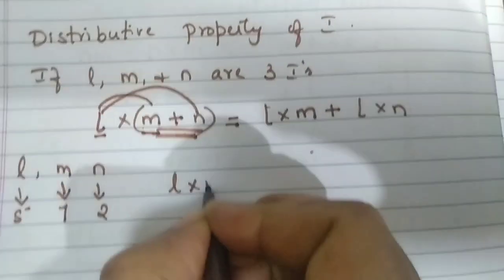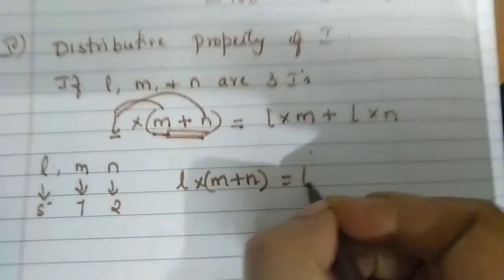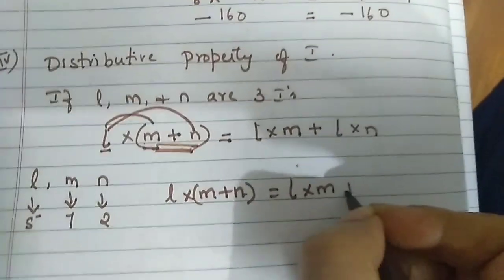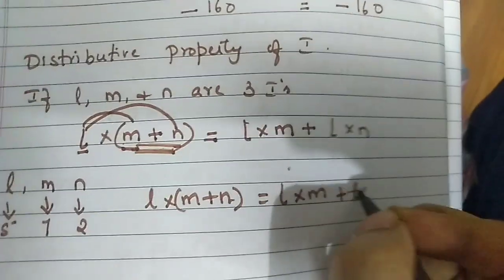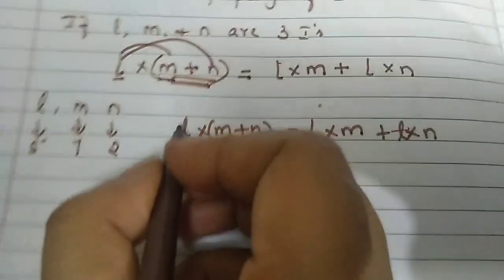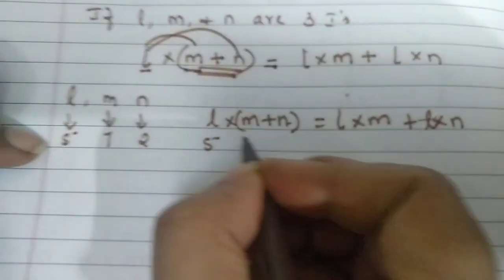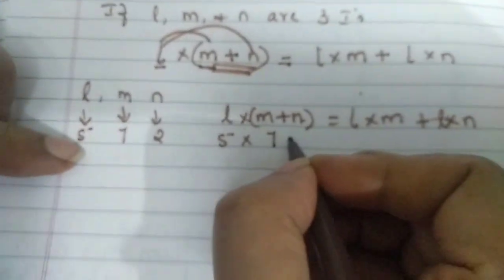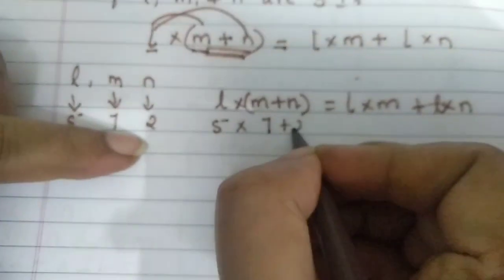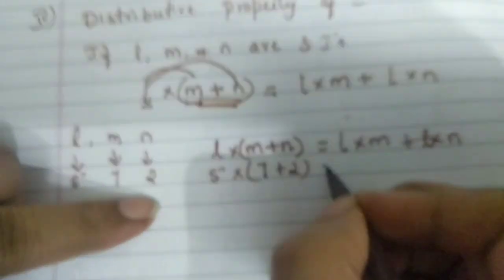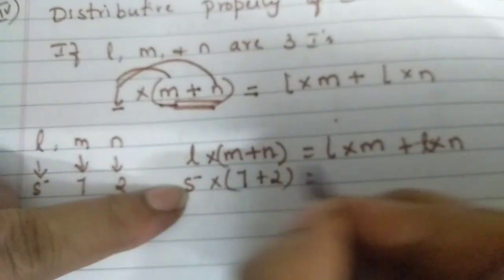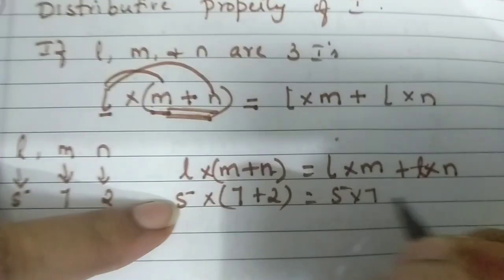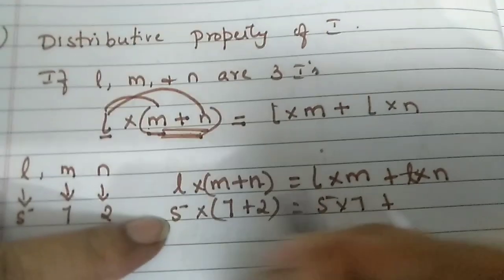L into (M plus N) equals L into M plus L into N. The value of L is 5, M is 7, and N is 2, equals, so 5 into 7 plus 5 into 2.